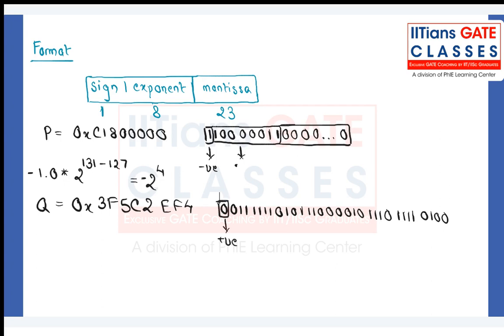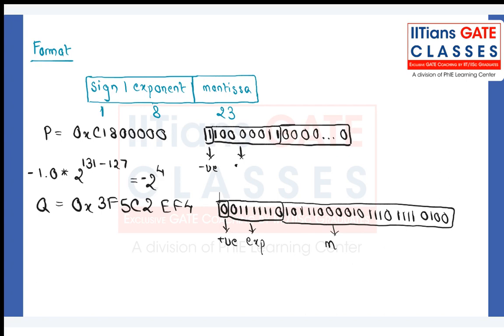The next 8 bits, 1 2 3 4 5 6 7 8, denote my exponent, and the final part denotes my mantissa. So if you now calculate, this is positive.